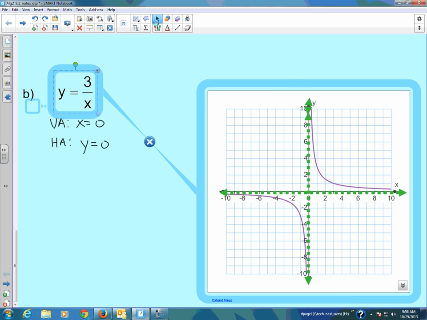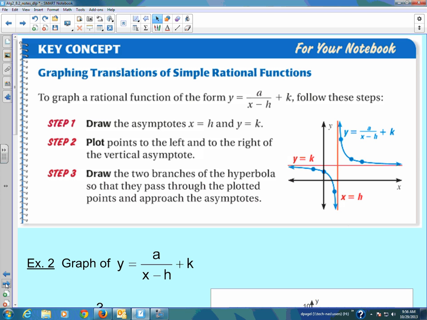Let's move on to something where we get some translation involved. So graphing the translations of simple rational functions. In this text, they're using the variables h and k. They've been using that throughout to talk about left-right translation with the variable h, and up-down translation with the variable k. We have introduced a, b, c, d.